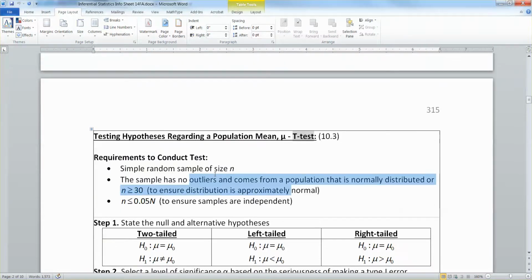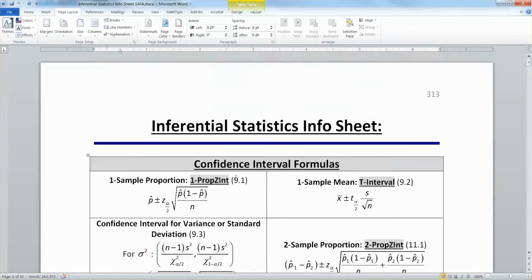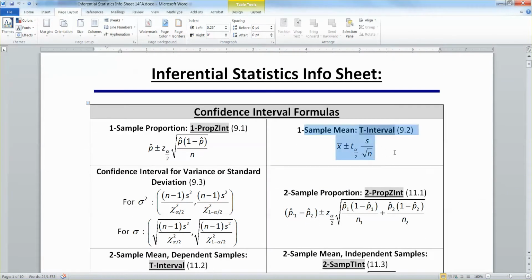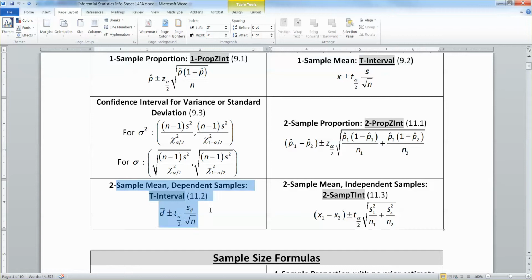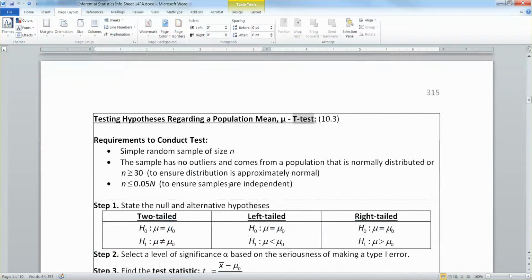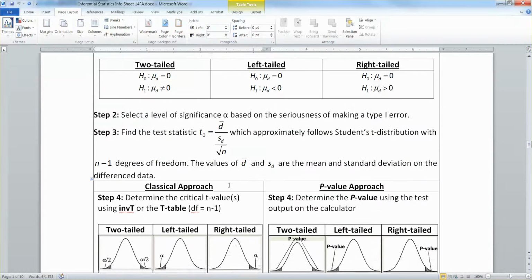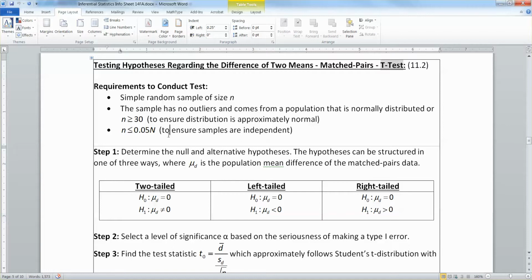They're also required for any t-interval, a paired t-interval and a regular t-interval that we've already learned in Chapter 9. They all require the same thing: a simple random sample, less than 5% of your population in your sample, and a normal distribution or n greater than 30.